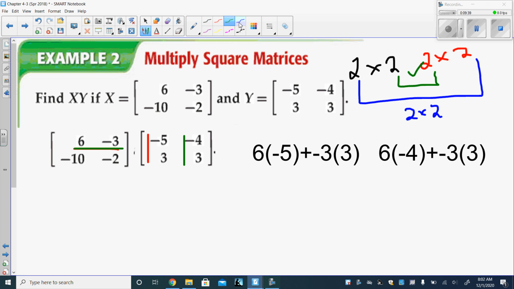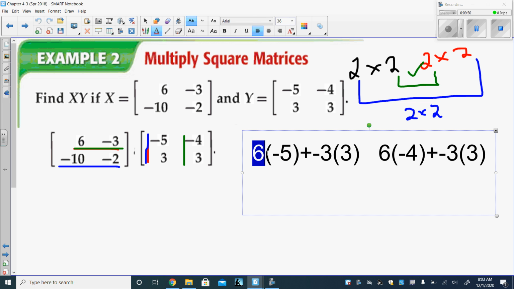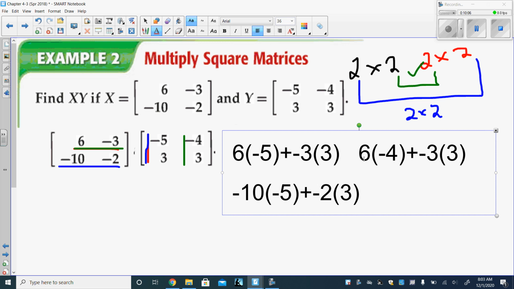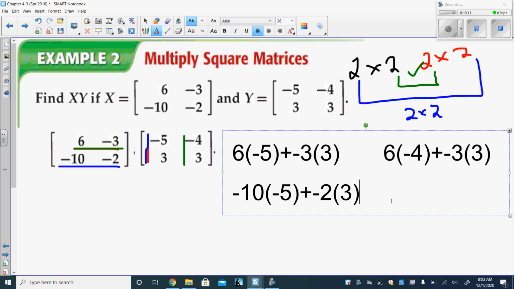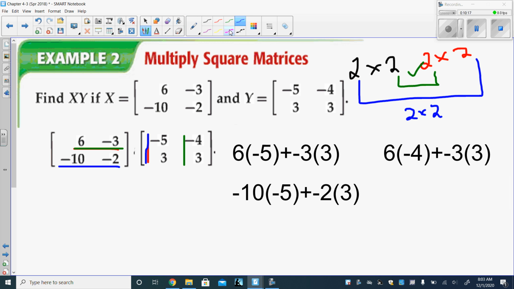Now we're going to move on to the bottom row. So we're going to go over and down, over and down. What we're going to have is negative 10 times negative 5 first, plus our negative 2 times 3. Scoot some of the stuff over. Okay, and that brings us to the last part.